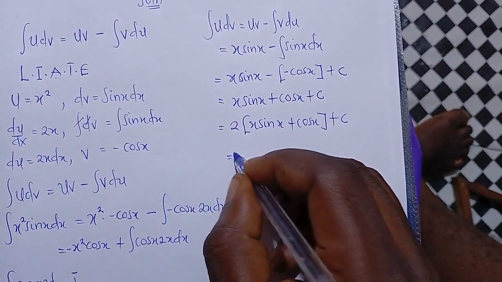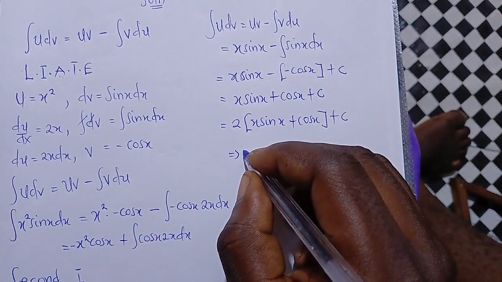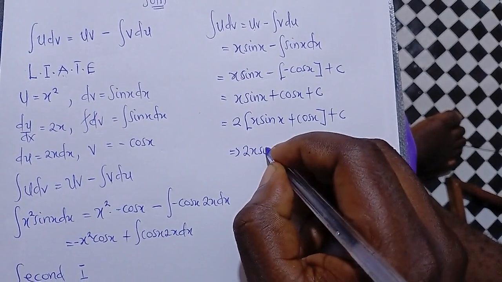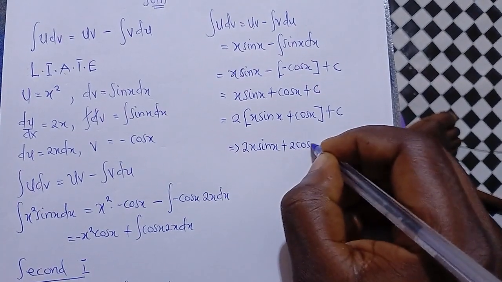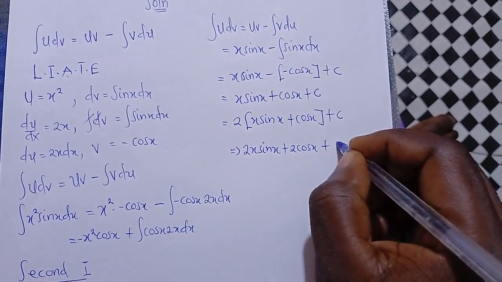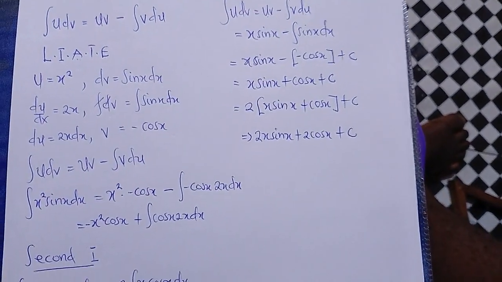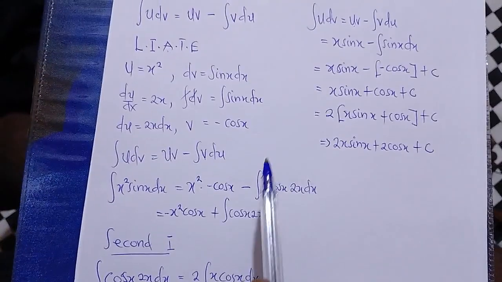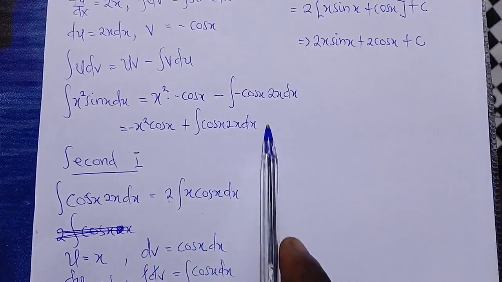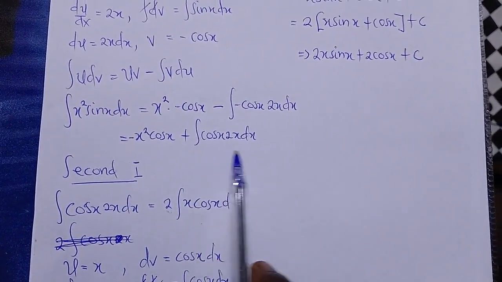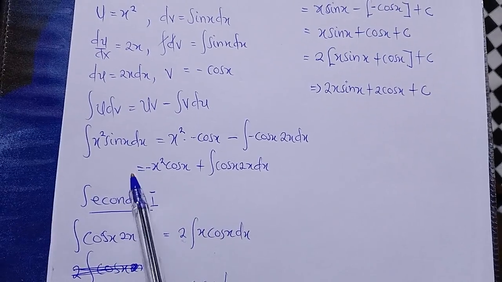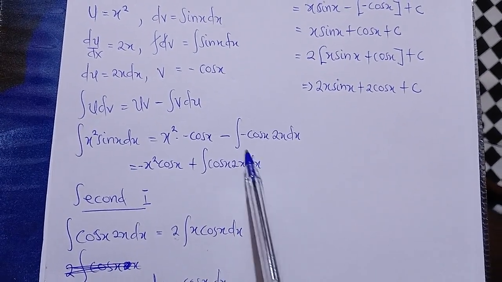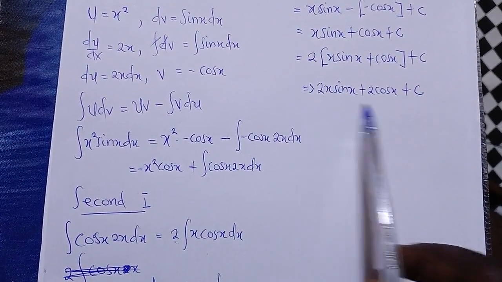Therefore I'm going to get 2x sine x plus 2 cos x plus c. Now the whole of this is where we started the second iteration. So the integral of the whole of this is what we are having here. I'm going to write the whole of this one, then I'll substitute this by this.